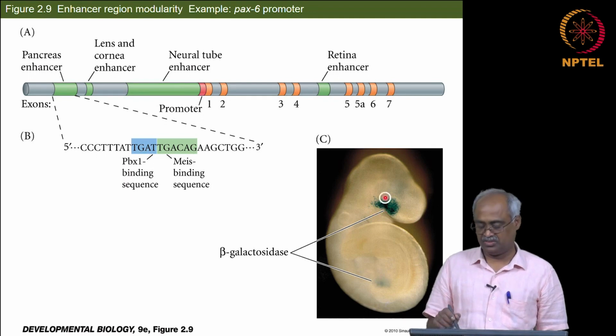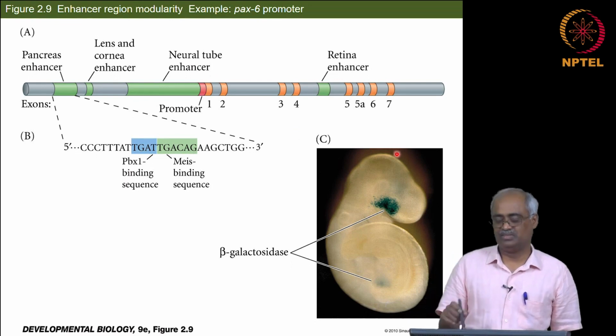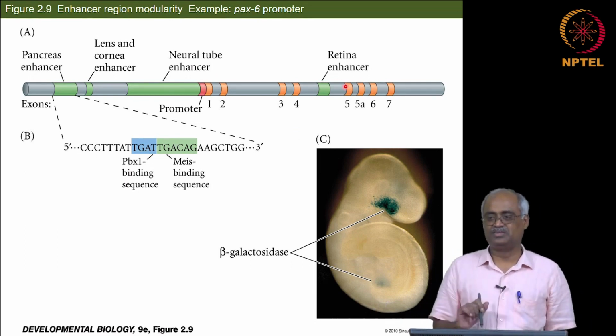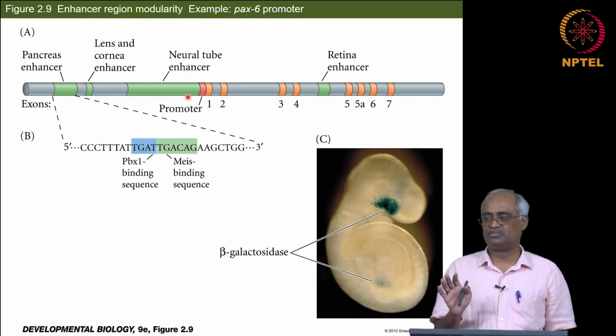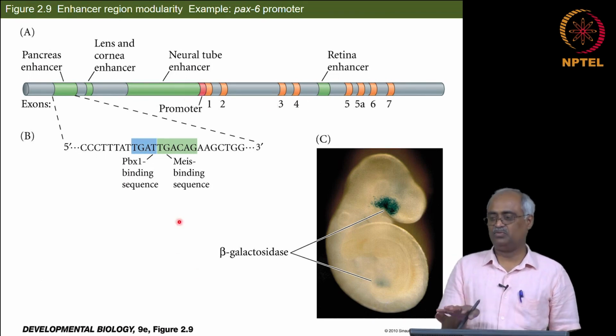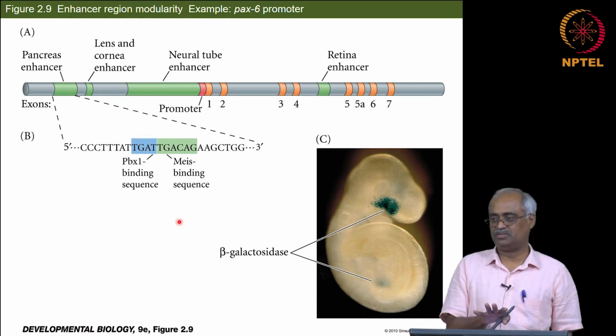If it were neural tube you should have seen it in this part, so you do not see it. So this again demonstrates the modularity of the enhancers. In this particular gene it comes in 4 modules, okay. When all 4 modules are there, it will be expressed in 4 different tissues. Spatial regulation is conferred.